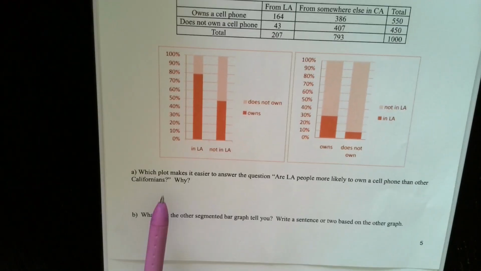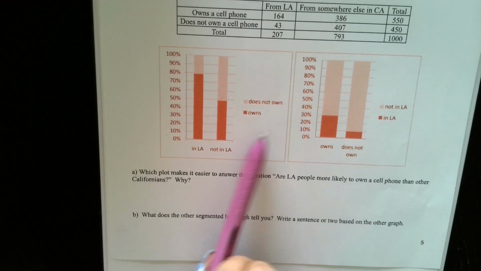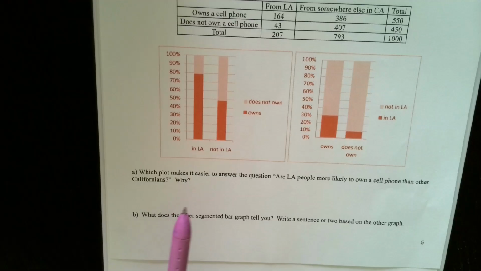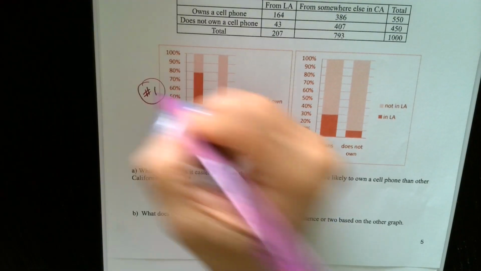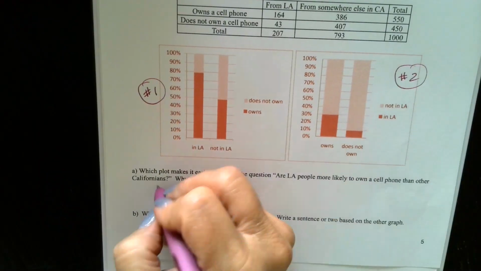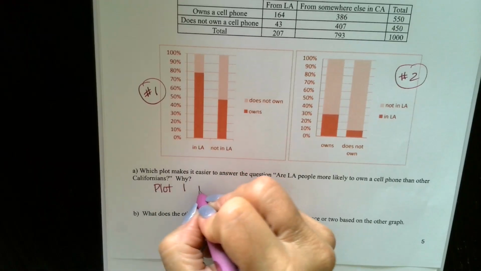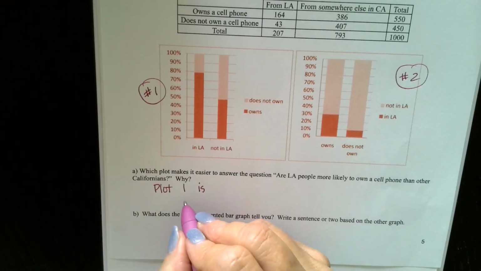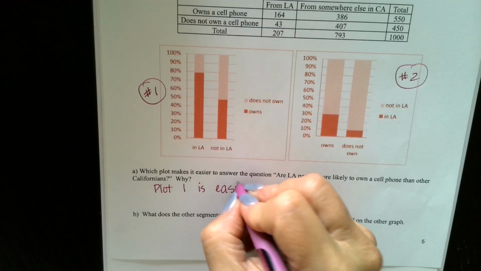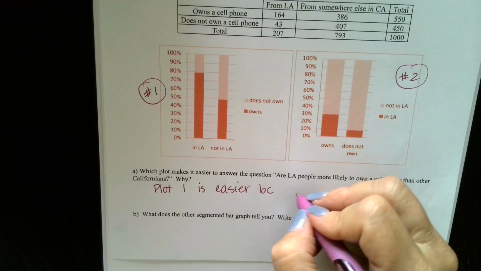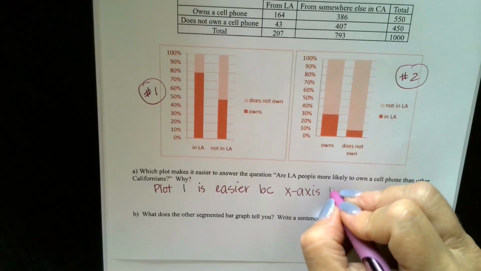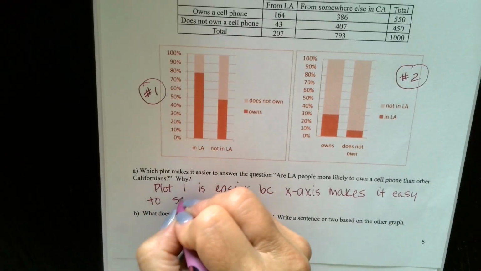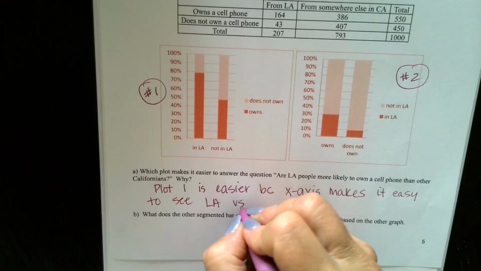The first question says, which plot, so which of these two graphs, makes it easier to answer the question, are LA people more likely to own a cell phone than Californians? Well, if I look at this, I'm going to count this as plot 1, and I'm going to count this as plot 2. And what I would say is that plot 1 is easier, because the x-axis makes it easy to see LA versus non-LA.